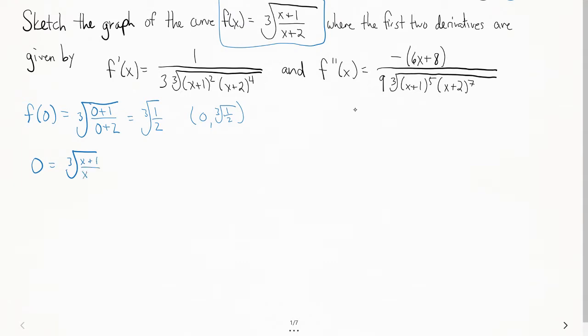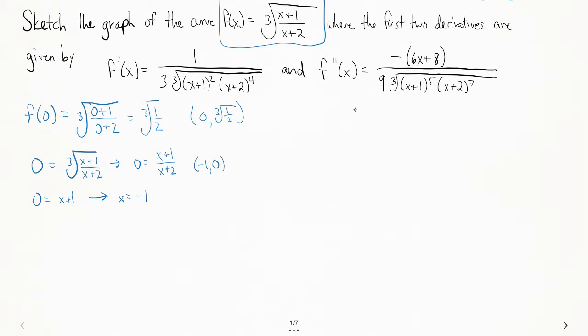In this case, you can immediately cube both sides and see that this implies that 0 equals x plus 1 over x plus 2. Well, that means that 0 has to equal x plus 1, because we can't have the denominator be equal to 0. We'll talk about that in just a second. So 0 equals x plus 1, which implies that x equals -1. So what that means is that we have the point -1, comma 0 on our graph.